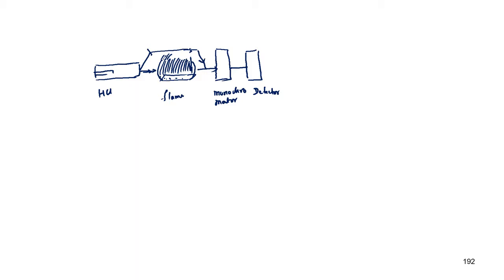This is double beam I am showing you, detector, and then this would be the amplifier. And then we have a readout system.